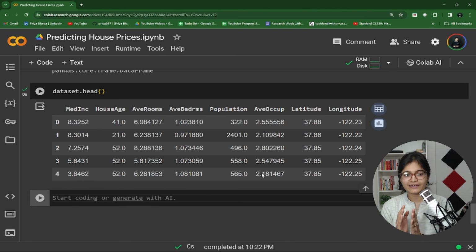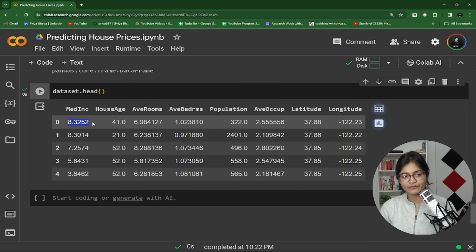Here you can clearly see 0, 1, 2, 3, 4 is obviously an index number. And here we have MedInc, HouseAge, AveRooms, AveBedrms, Population, AveOccup, Latitude, Longitude. I already explained every meaning in the last video, in the description part. You can go and check it out. So this is the complete set of records for the top 5 records.